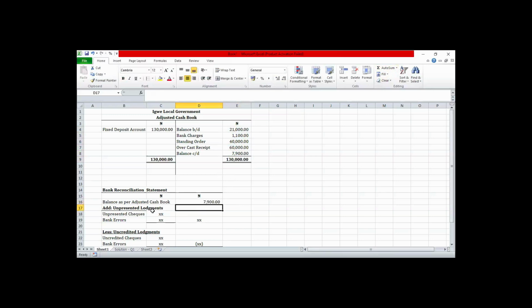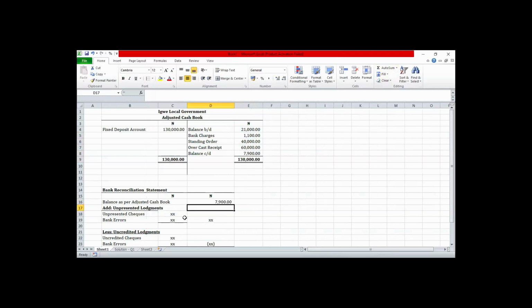Now, what are the unpresented checks you were given? How much is it? The unpresented check, 103,700.